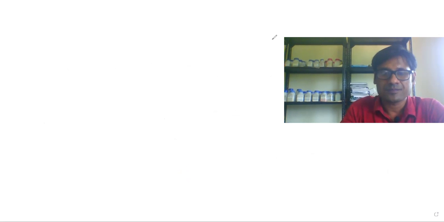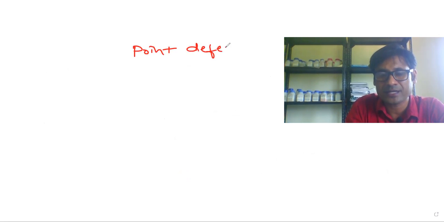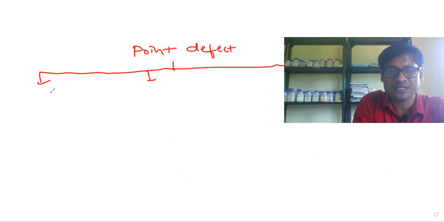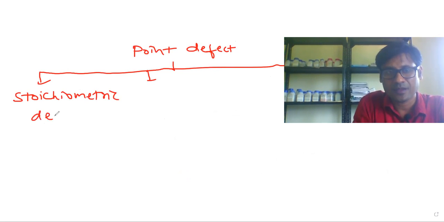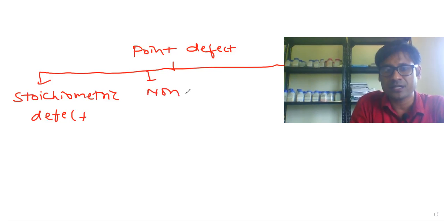Point defect is divided into three types. First one is stoichiometry defect. Second one is non-stoichiometry defect.